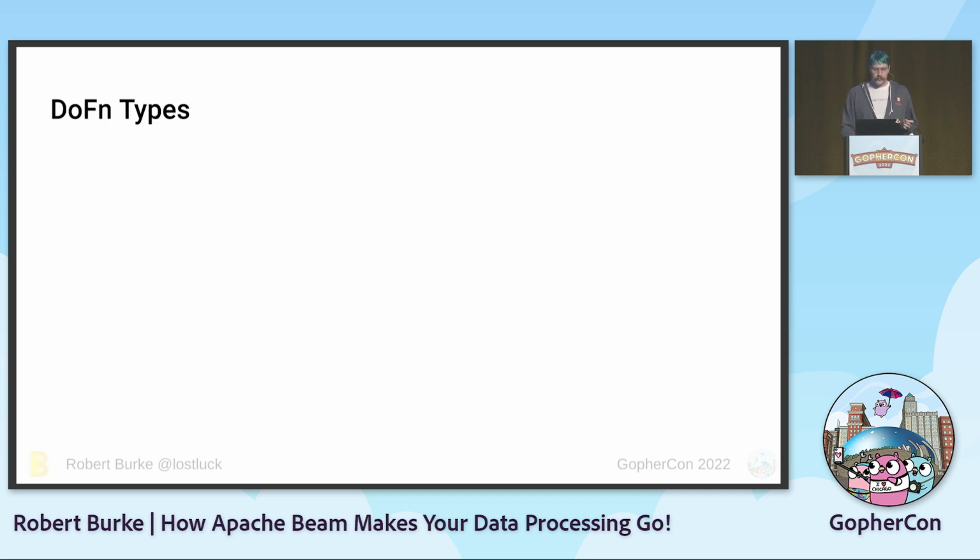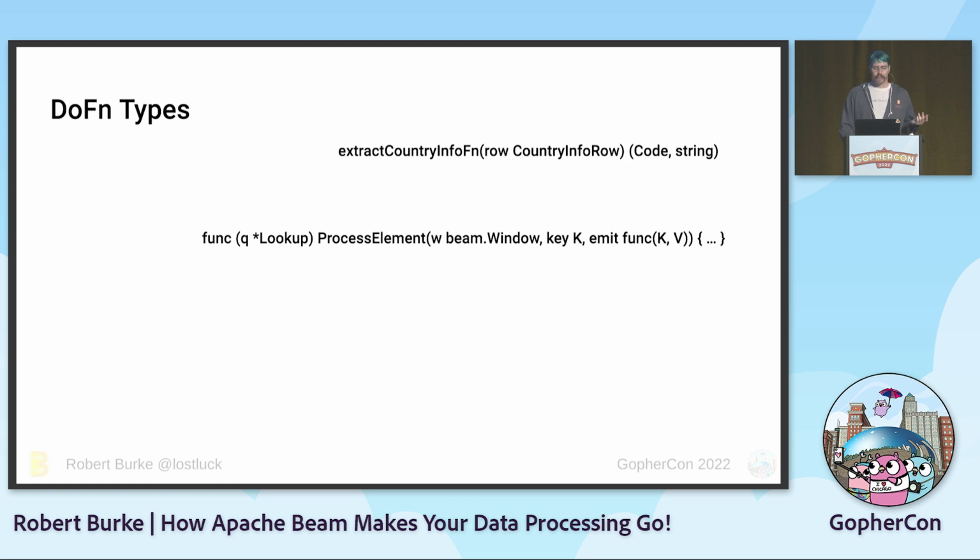So the big problem we run into, though, is the DoFn types. This is a type signature for a DoFn. So is this. DoFns aren't only just functions like the extractCountryInfo func there, they're also arbitrary structs with ProcessElement methods.